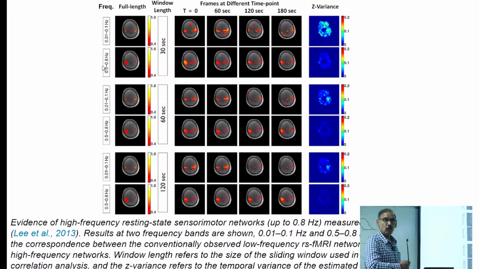So by doing this, assuming the task response and the low frequency fluctuations that we observe are independent, then we can look at the resting state connectivity pattern as well as the task pattern during the same scan, right?